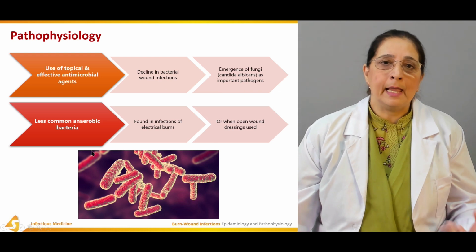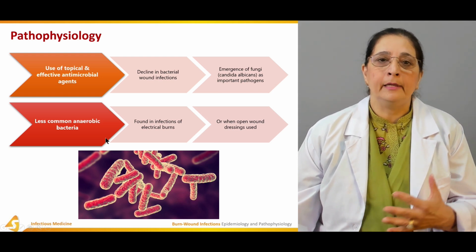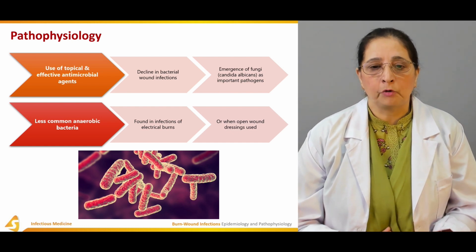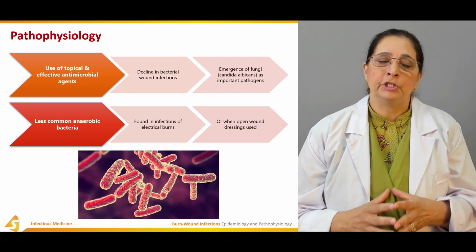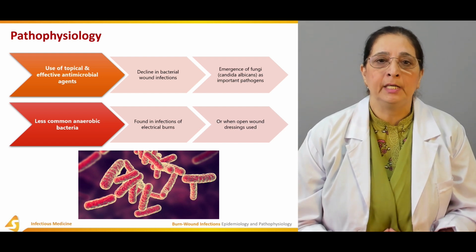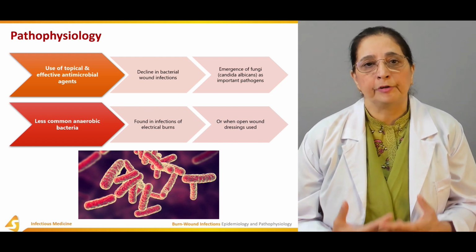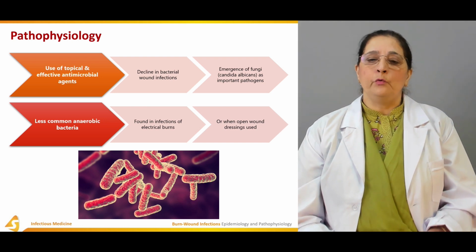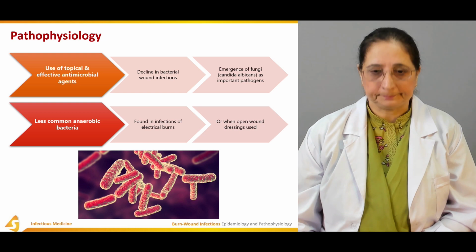And less common are anaerobic bacteria, which do not require oxygen for their growth. They are found in patients who get the burn injury as a result of electrical shock or electrical burn, or when open wound dressings are used.